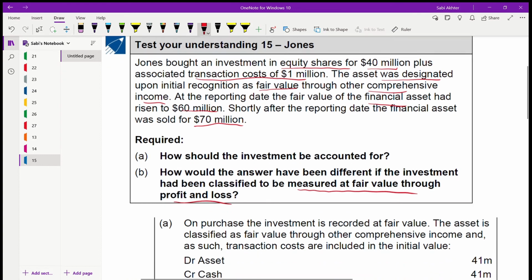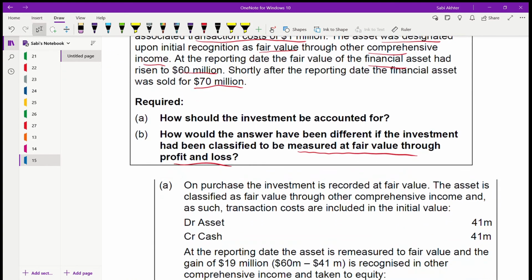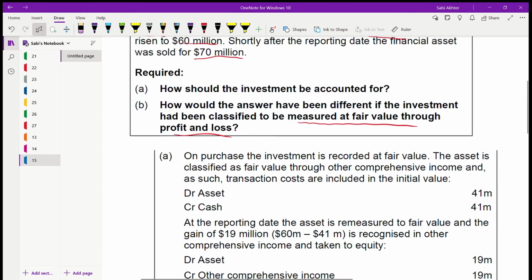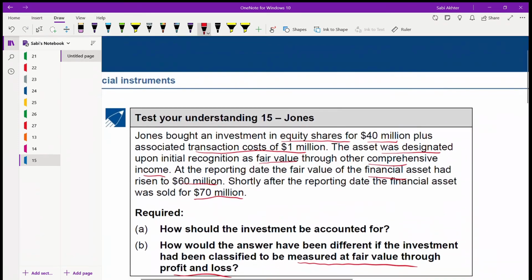So first let us answer A. Definitely this is a bit lengthier answer. When you are purchasing the investment, it will be at fair value, always at fair value. That's why the asset is classified as fair value through OCI, because they have designated upon the initial recognition that it will be fair value through OCI.